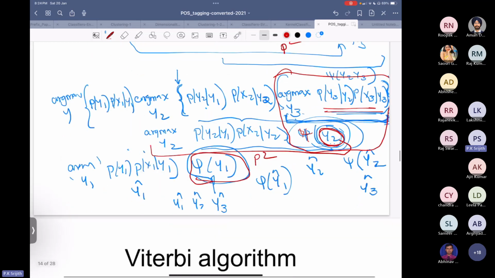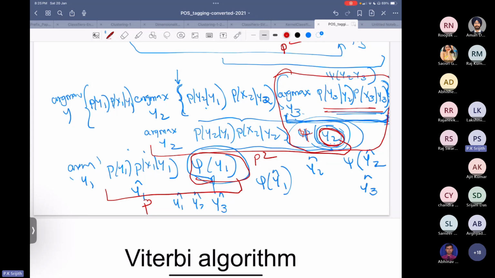So the number of operations I need to perform to obtain psi of y1 is again p square. And then I need to perform this argmax over y1. This argmax over y1 can be done simply in p steps, right? Does it require p square? It doesn't require p square.